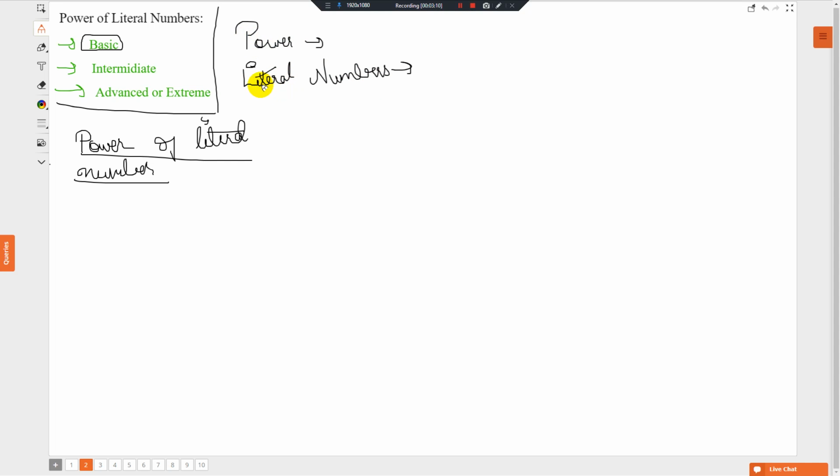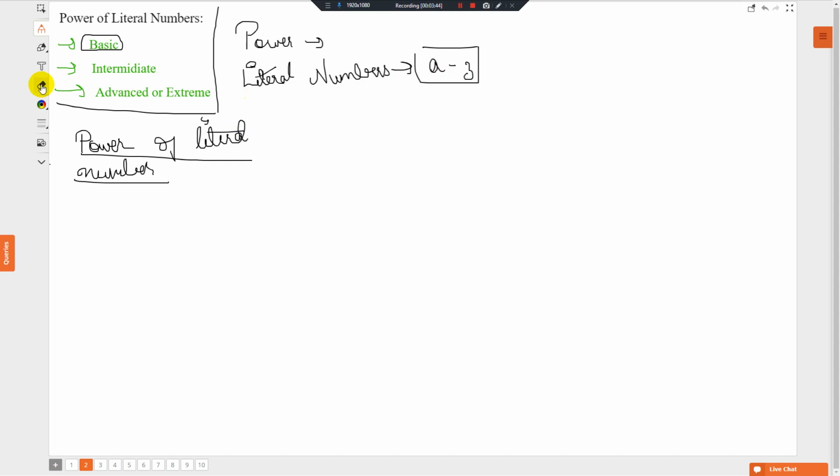So let's see literal numbers first. In literal numbers we have alphabets, like X, Y, Z, A, B, C, D, E, F, G, H, I, J, K, L, M, N, O, P, Q, R, S, T, U, V, W, X, Y, Z. So these are the alphabets from A to Z.